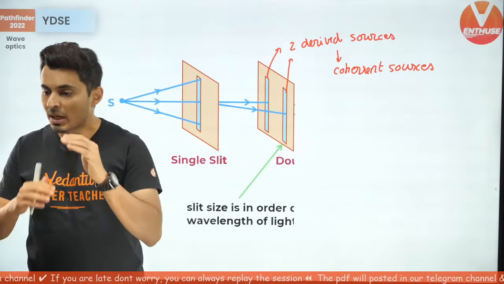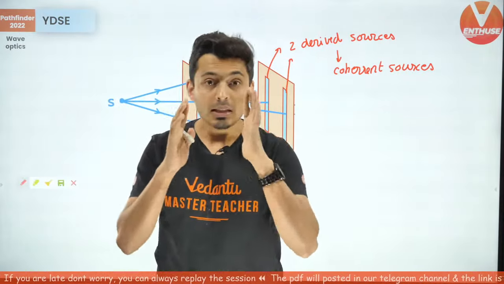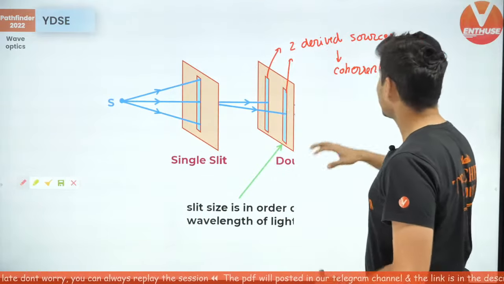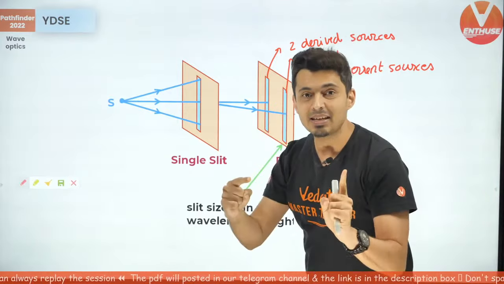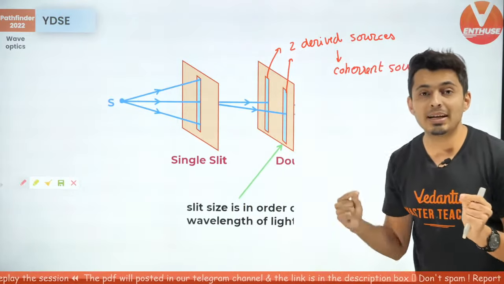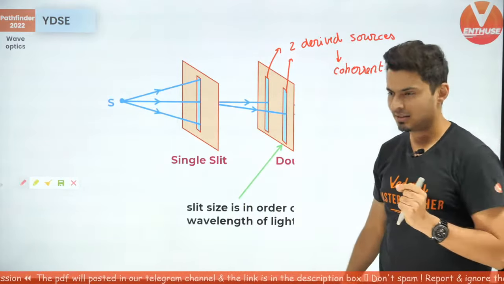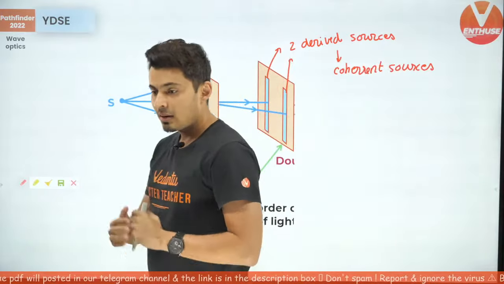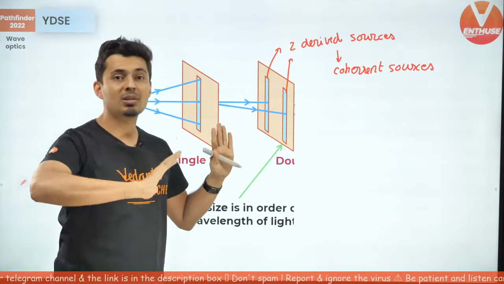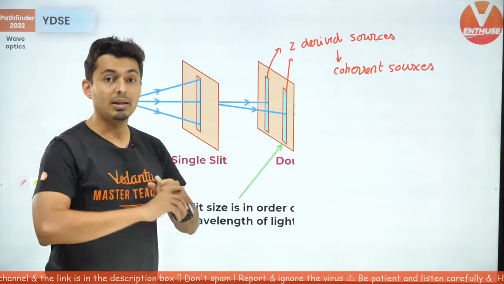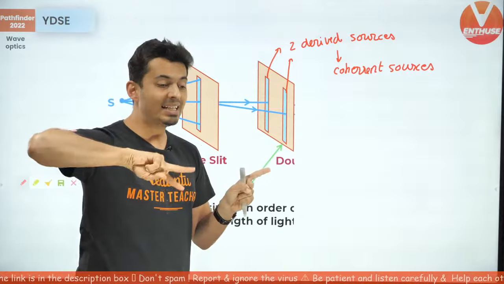Very good. Now, once you understand that these two sources are coherent, it becomes easy for us to predict what's going to happen next. Think about it. What's going to happen next will be very clear once you know if the sources are coherent or non-coherent. Remember, coherent means they are in sync.